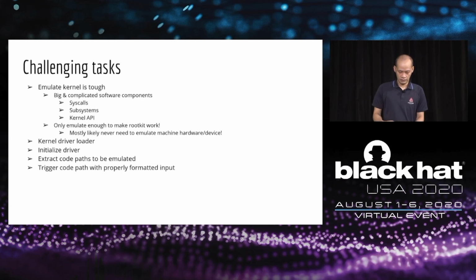How to initialize the driver is also not trivial. And during the driver initialization, we need to extract the code paths to be emulated. And after that, how to trigger the code path with properly formatted input from users is also another task we need to consider.